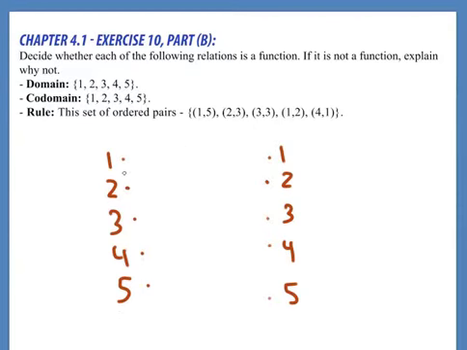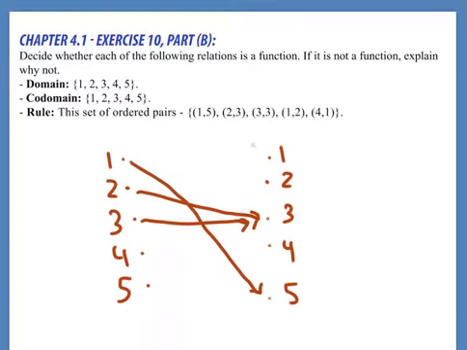So the ordered pair is 1 to 5, so it'll look like this. There's 2 to 3, then 3 to 3, then 1 to 2, and then 4 to 1. So already, it's not a function, for 2 reasons.